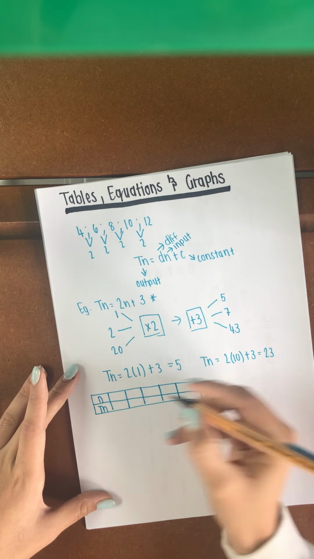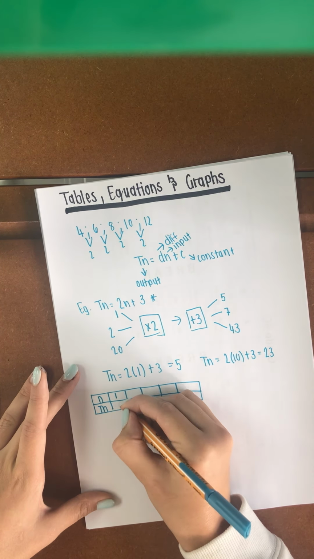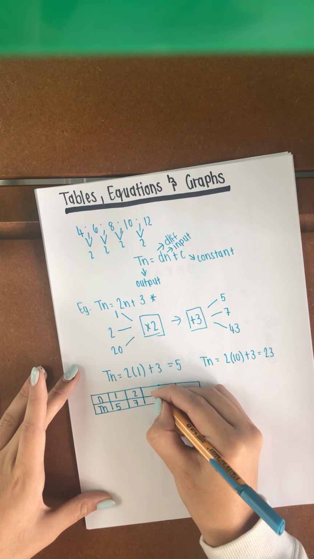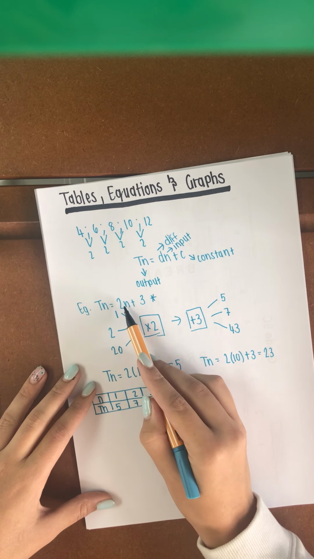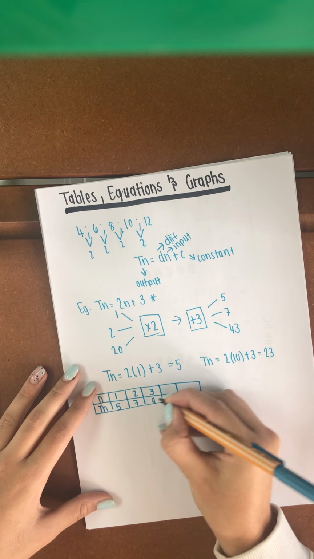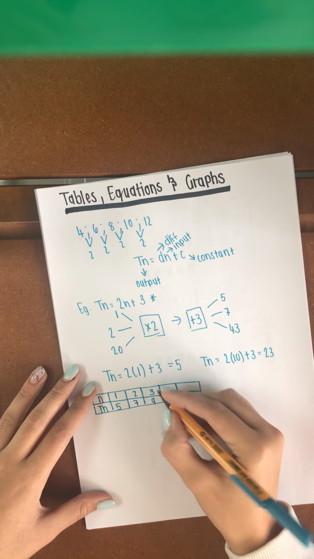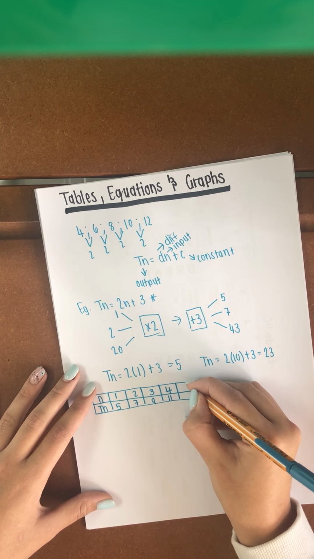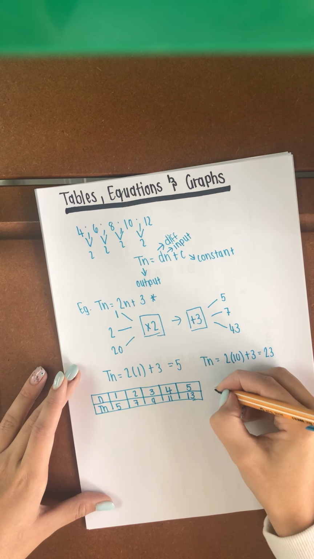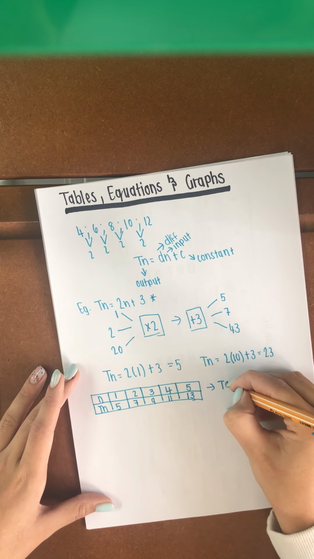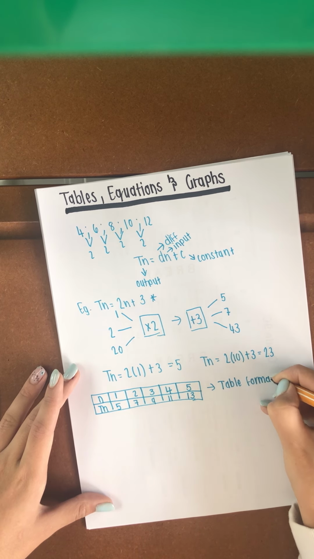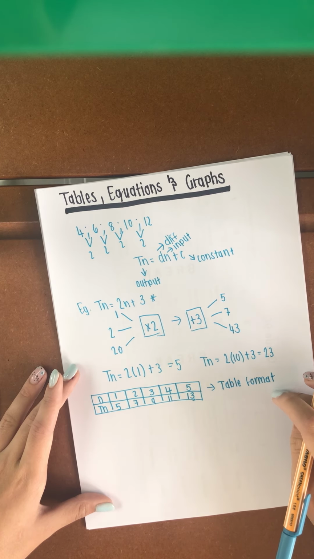I know that 1 gives me 5, 2 gives me 7, and if I put 3 in, it will be 3 times 2 gives me 6, plus 3 gives me 9. If I put 4 in, it gives me 11. If I put 5 in, it gives me 13. So this now is my table format. I've taken my equation and put it into a table format.